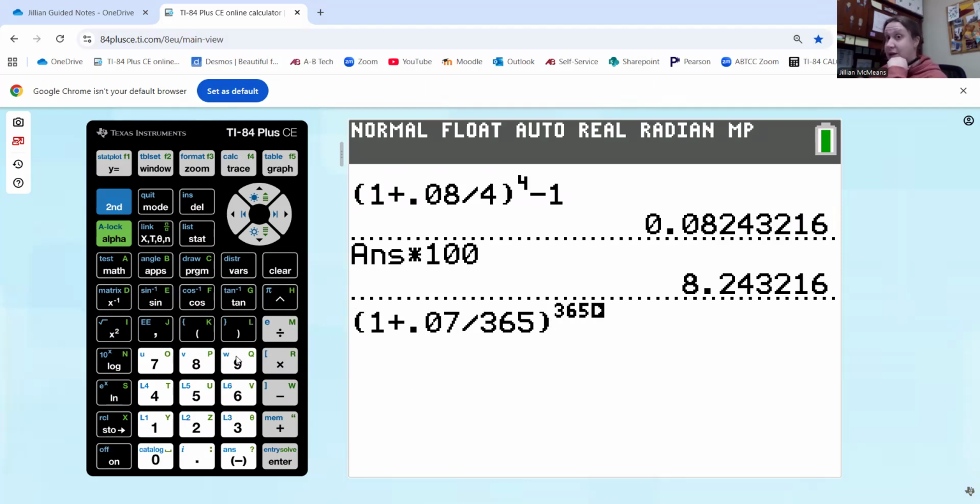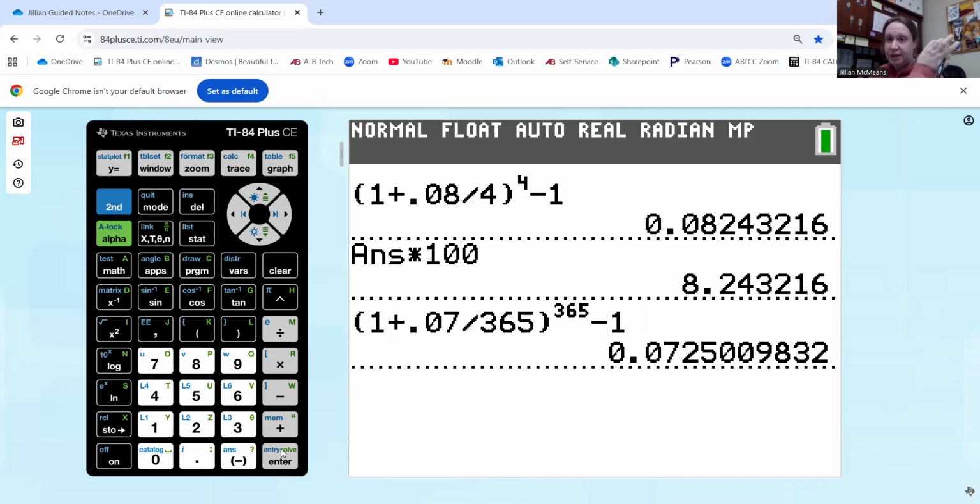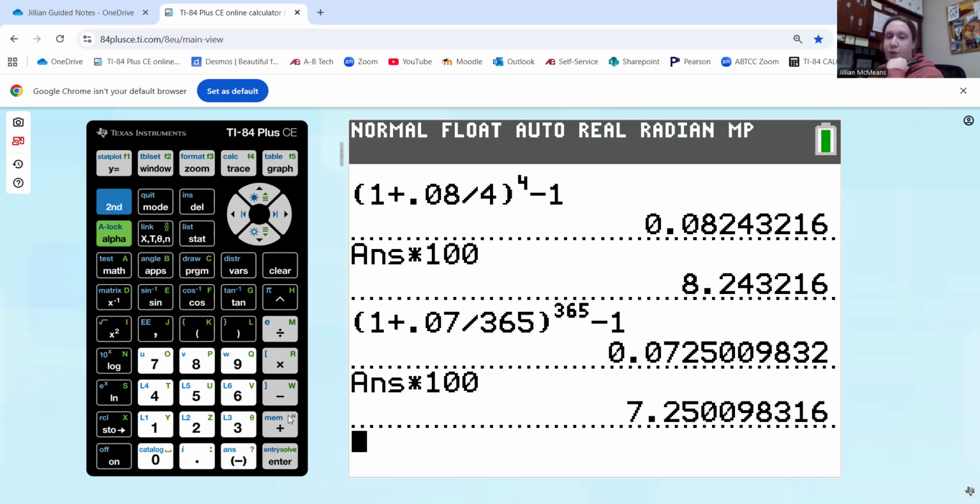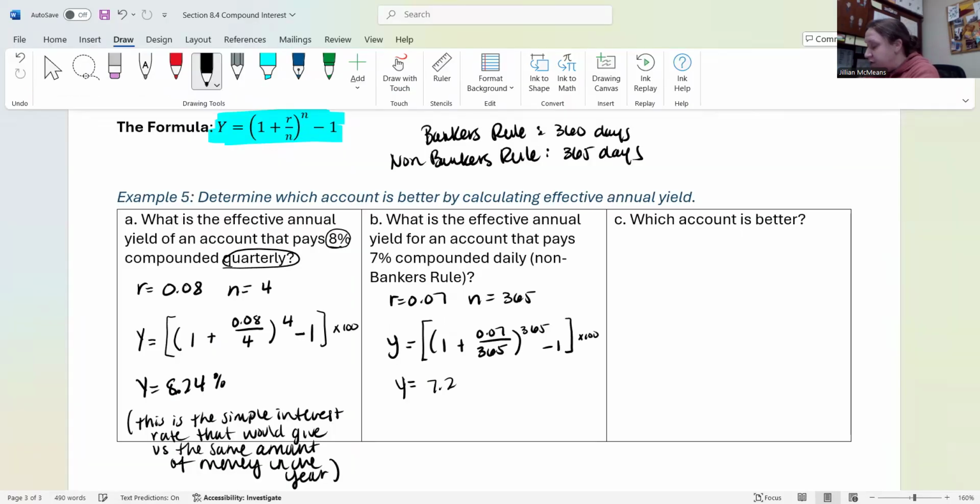We want to leave the exponent and then subtract 1. We get a decimal. We multiply it by 100 and it'll convert it to a percent. And we get basically 7.25%. So 7.25%. So that would be kind of the same thing.